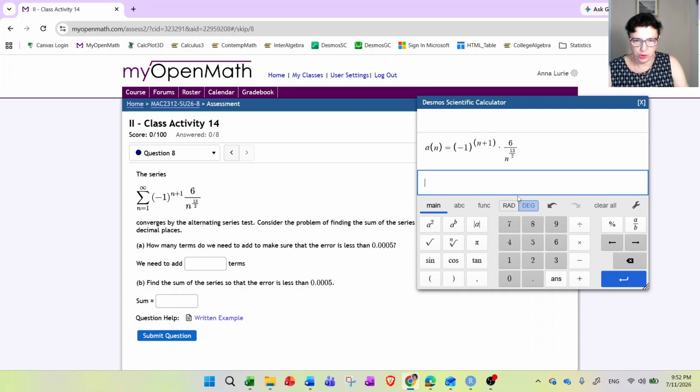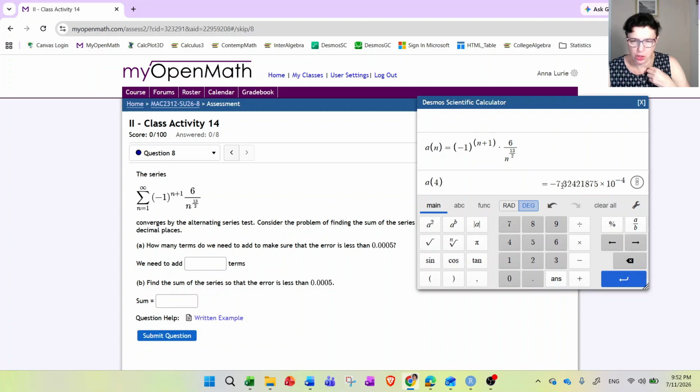Okay, so what you're going to do is start evaluating the terms of this sequence, starting with the first one, and just keep going. So I'm going to do a2, a3, a4 until I get a term that is less than 0.0005 in absolute value. Now, this one, what also is a little bit confusing is this scientific notation.